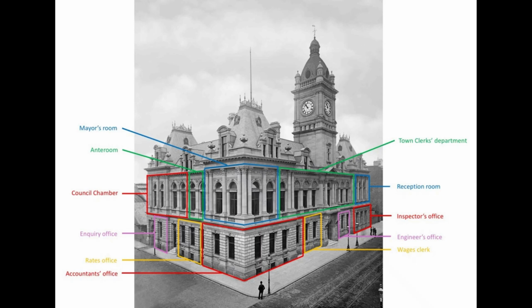Using these plans, we can break down the anatomy of the town hall to see what the individual parts were used for. This is the main entrance with brackets supporting a balcony for electioneering.